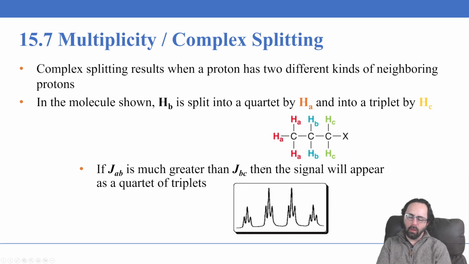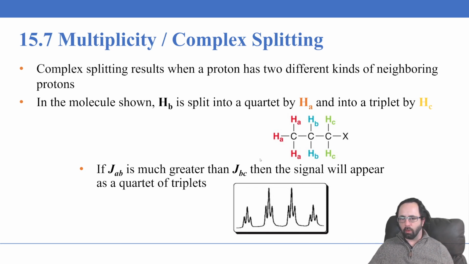Now, one thing that can occur is when you have 2 sets of protons that are not chemically equivalent to one another, you can get a more complex splitting signal. You can get a splitting of a splitting.